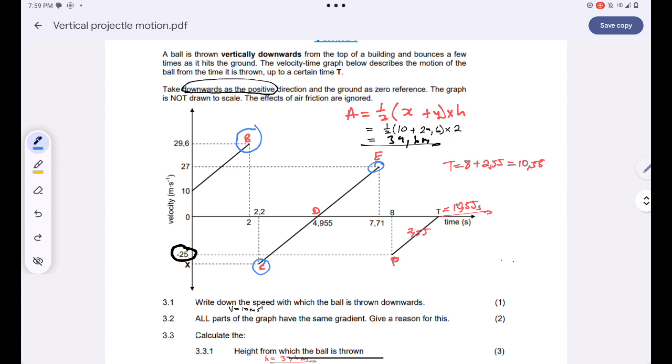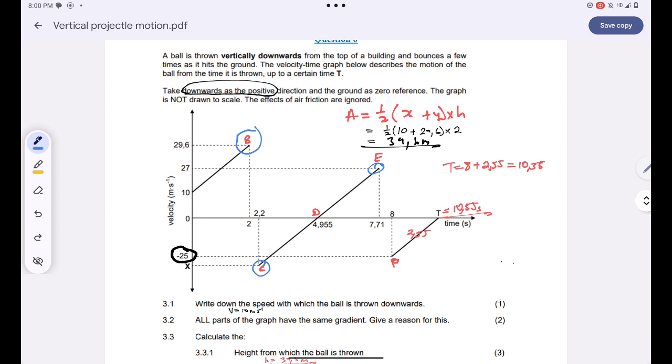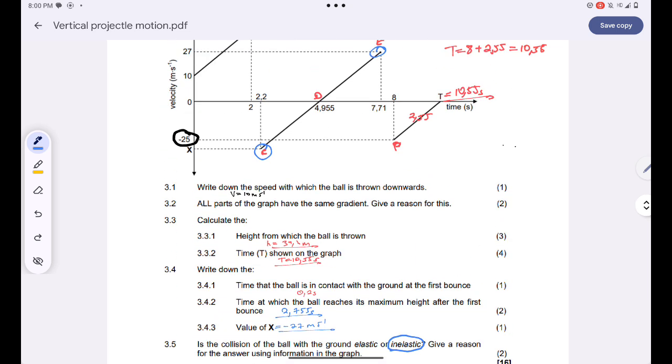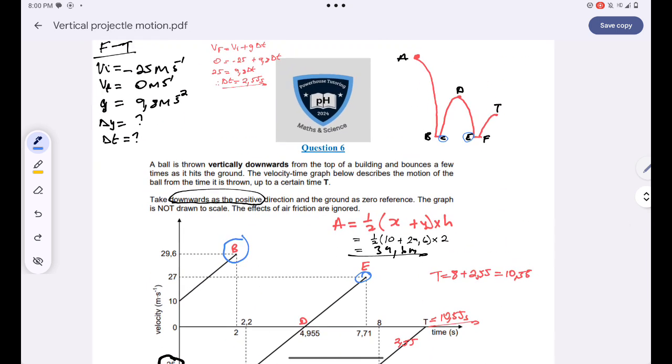Are you together? Probably sound energy and heat energy. So in this case, guys, kinetic energy is not conserved. Why? Because the velocity is not conserved. You cannot conserve kinetic energy without conserving the velocity. Are you together? So by just looking at the graph, you can see that the collision is inelastic. Why? Because kinetic energy is not kept constant. Simple as that. That's how, guys, we're supposed to answer this question.